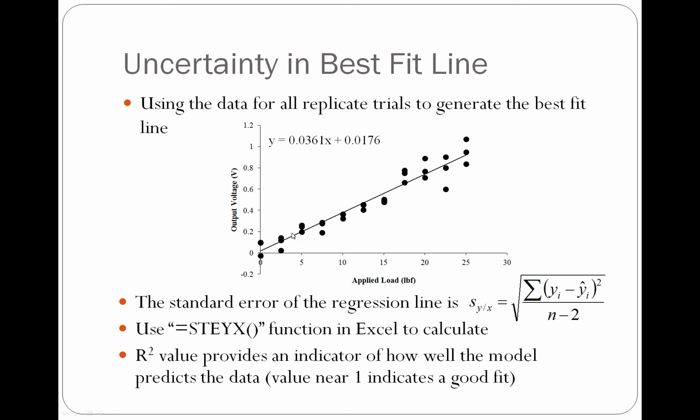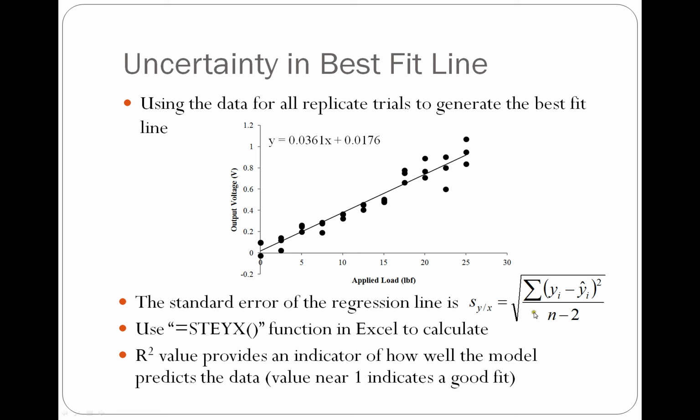Okay? Now, to quantify the uncertainty that exists in this best fit line, we use something called the standard error. All right? And the standard error of the regression line is denoted by this S with a y/x subscript. And what that indicates is that this is similar to our estimate of the standard deviation about the line.